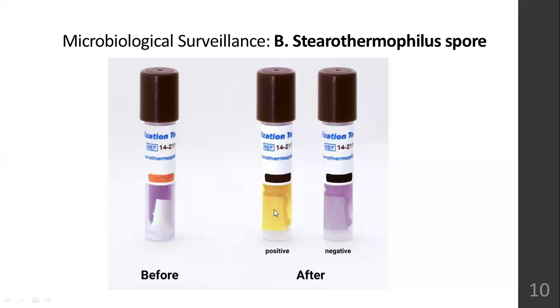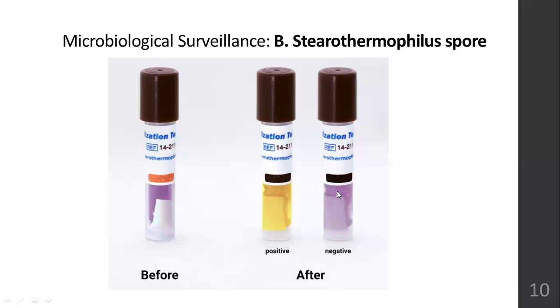Complete change in color means all the bacterial spores have been killed. Maximum lethal effect was shown by the sterilizer, so whatever you have sterilized in this cycle is safe to use for the patients.